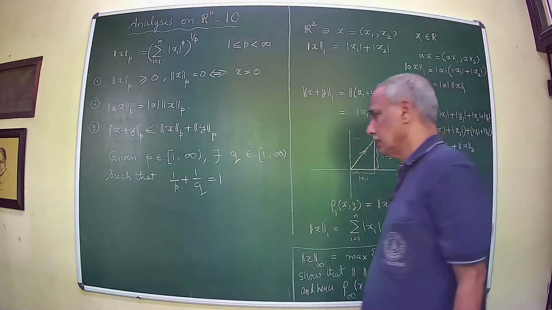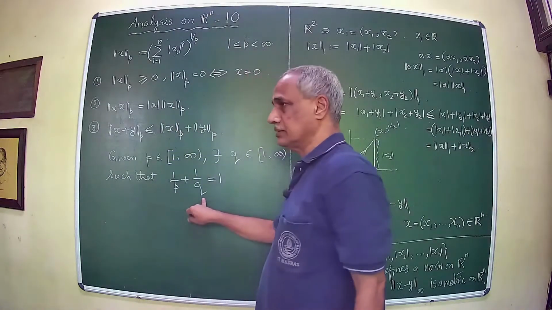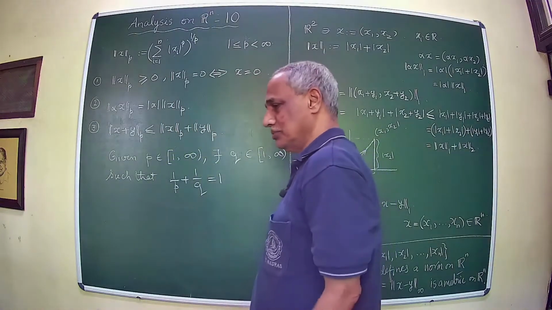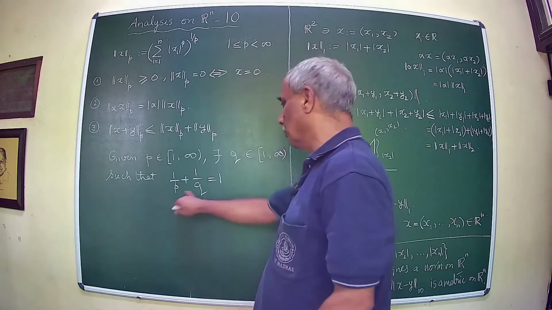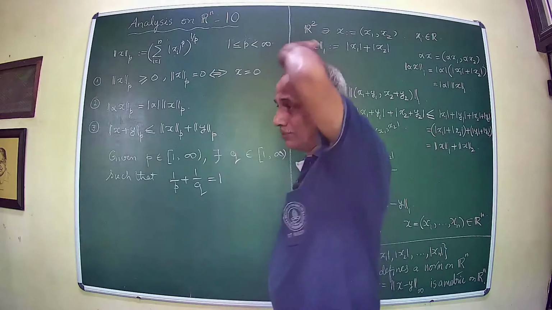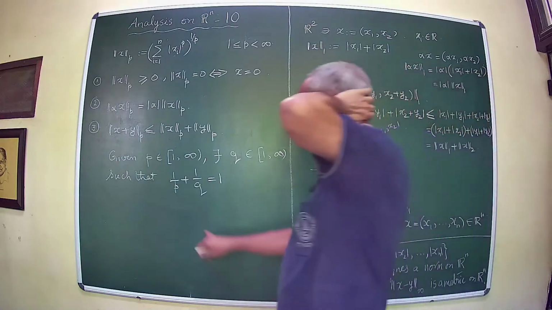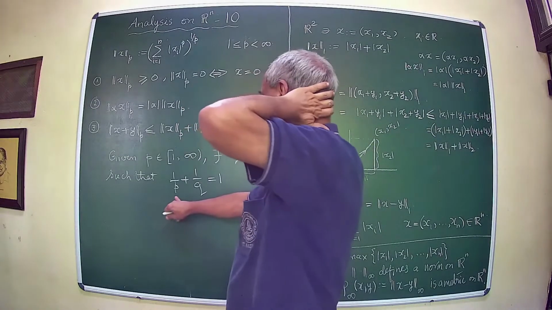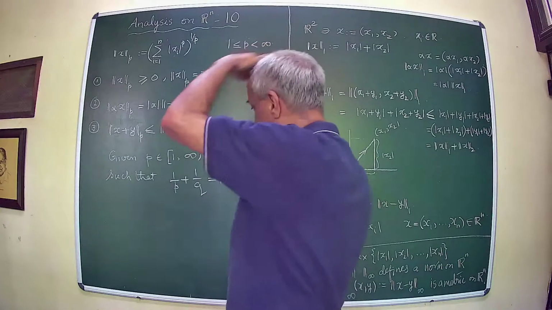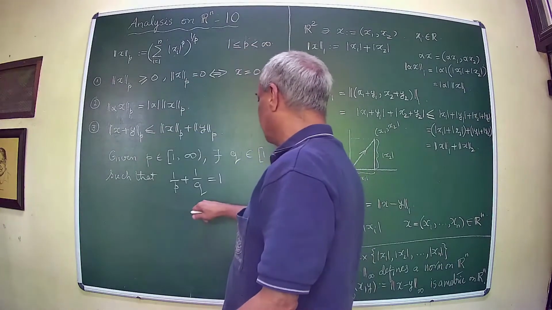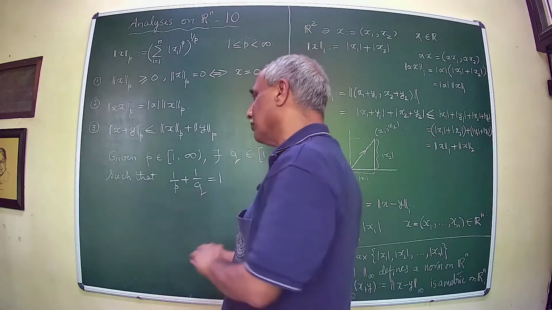As you see, when p equal to 2, q becomes 2. There is a sort of dual number that you have connection. But when p is equal to 1, then q becomes infinite. When p equal to infinite, q will become 1, and so on.